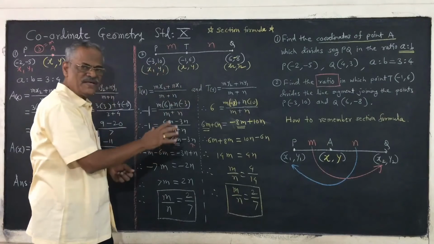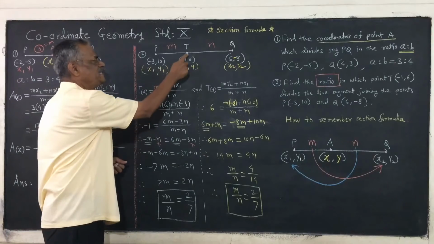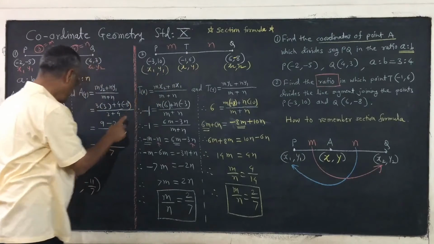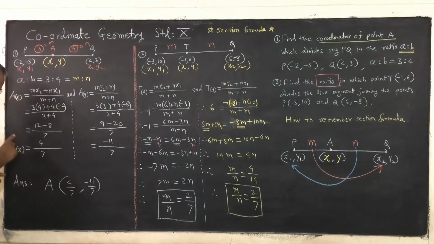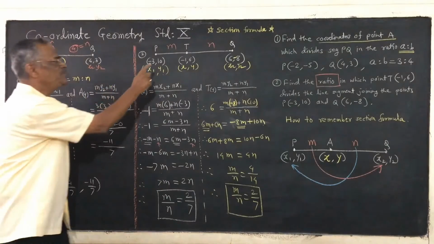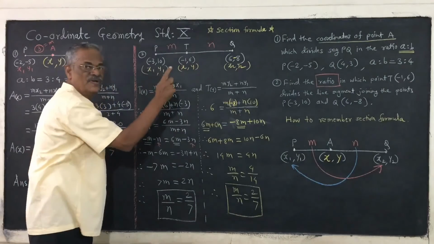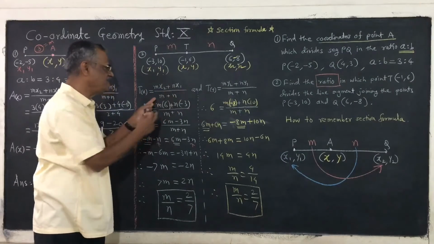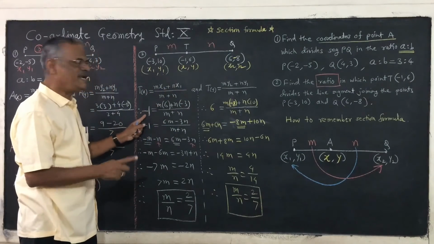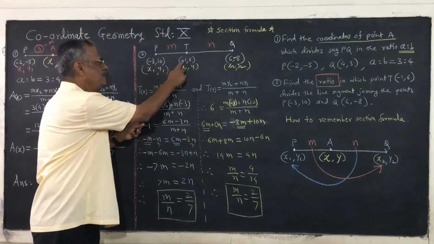And same formula. What is the formula there? X coordinate of T. We are using that x coordinate of A like that. So we use that x coordinate of T point is equal to mx2 plus nx1 upon m plus n. What is that? X coordinate minus 1.